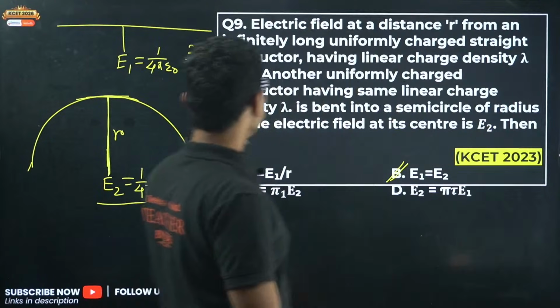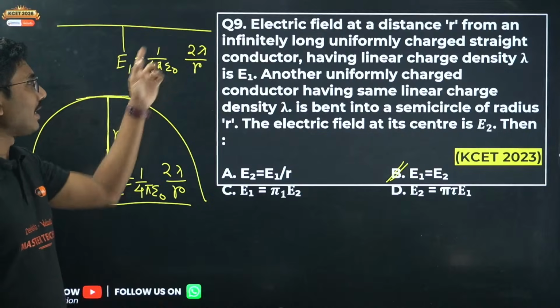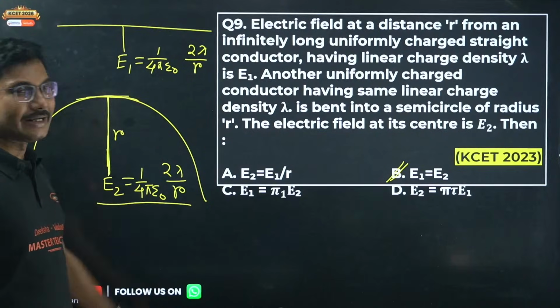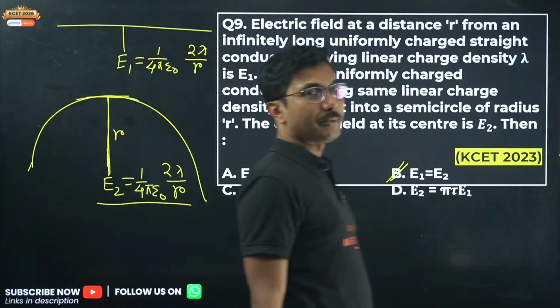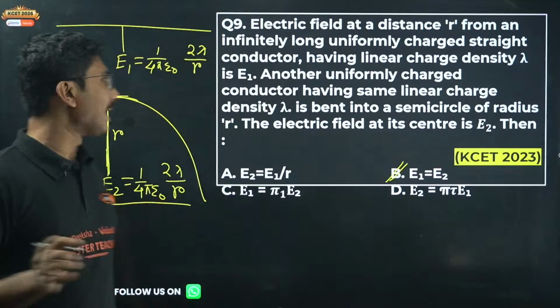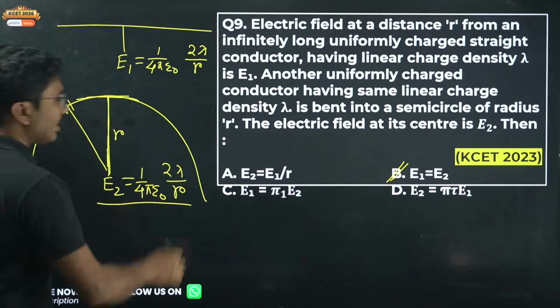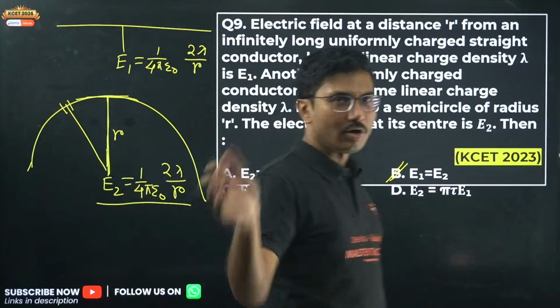So that's what I am saying, if you know this fact that if a straight wire has an electric field, if you bend it into a semicircle, the electric field should remain unchanged. Mathematically it is very tricky to do that. You have to take a small portion of this wire, then you have to do the integration, and that will be a very, very long process.